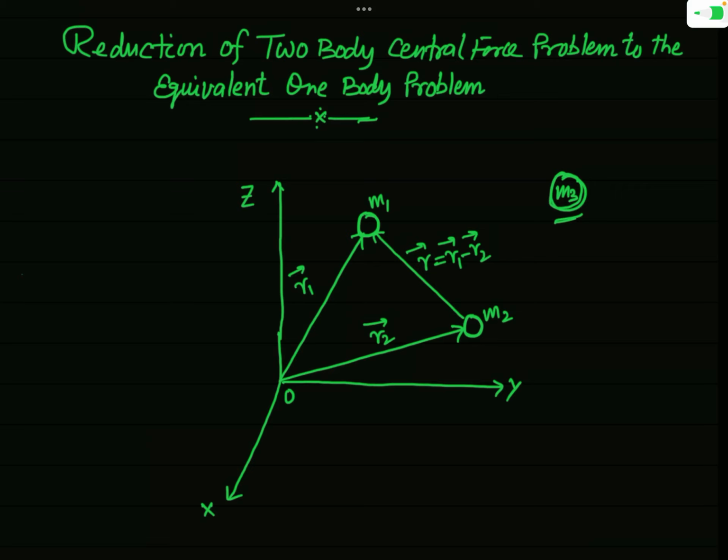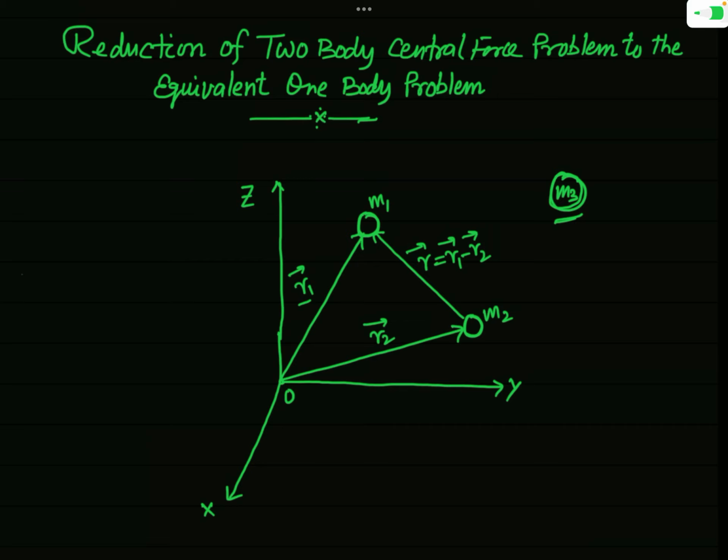So in this discussion too, although these two bodies m1 and m2 may have a finite size, we will treat them just as point masses. I have defined in this figure that the position vector of m1 with respect to the origin of our coordinate system is r1, and that of m2 is r2.